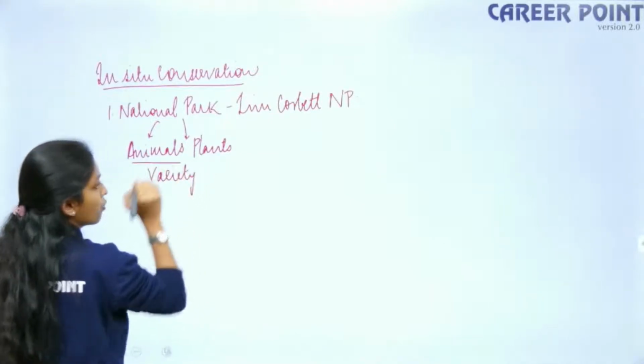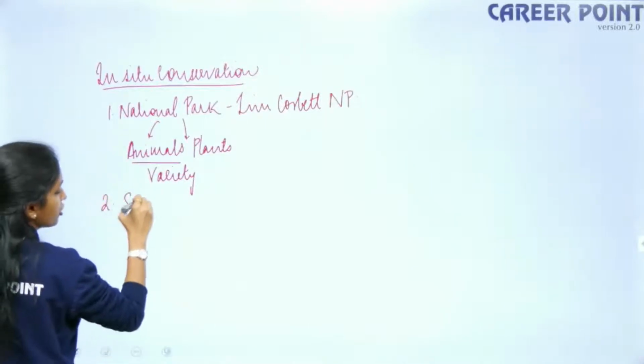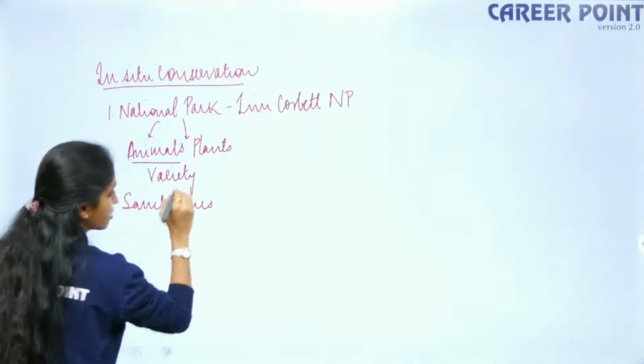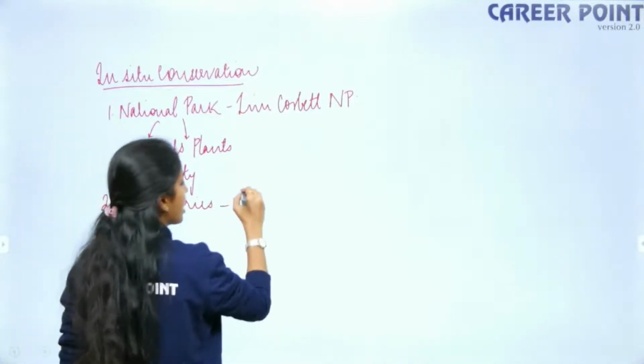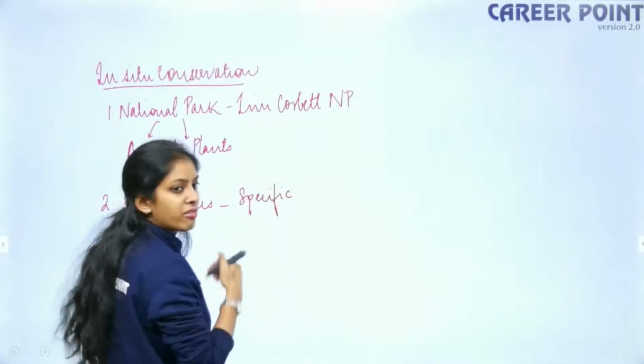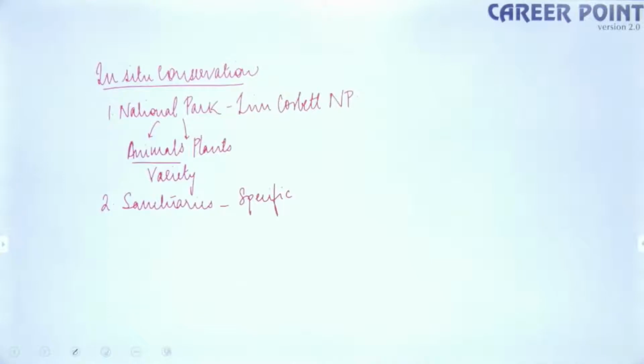It's not that you have only one animal. Next is your wildlife sanctuaries. Wildlife sanctuaries are pretty specific. If you want to preserve antelope species, it is species specific, you can say.